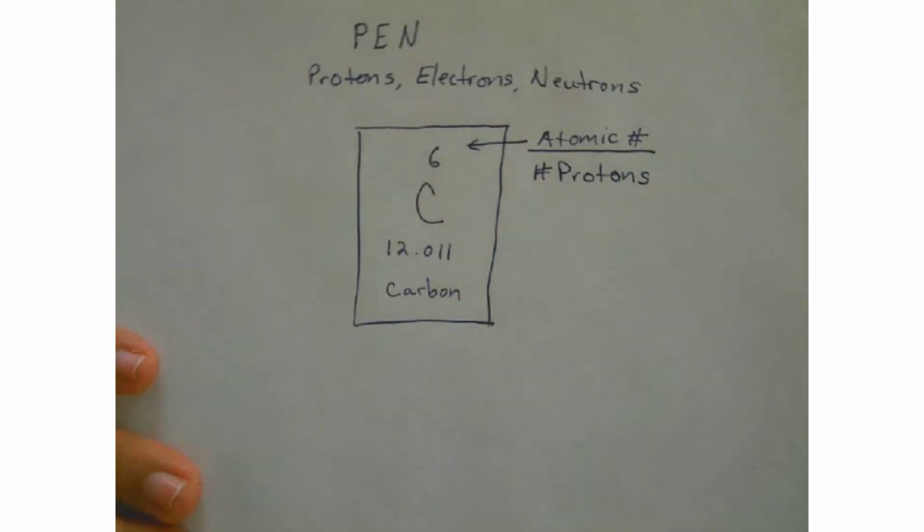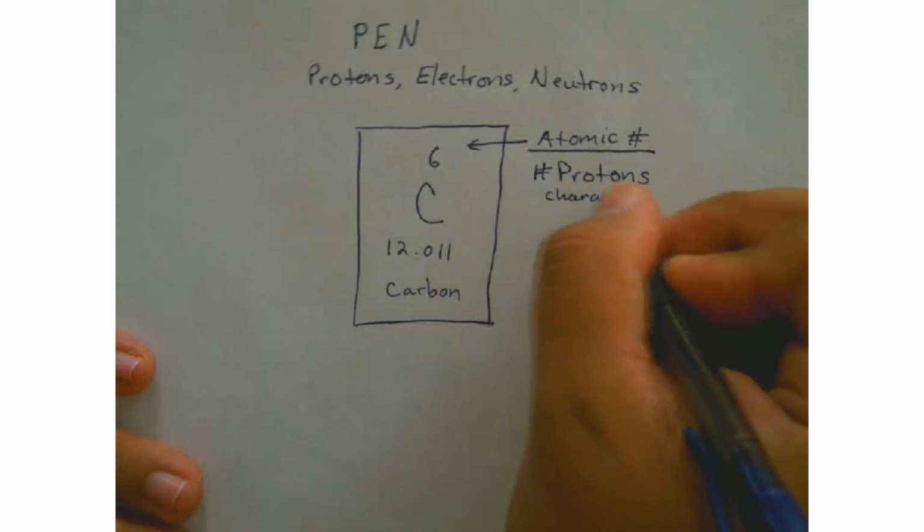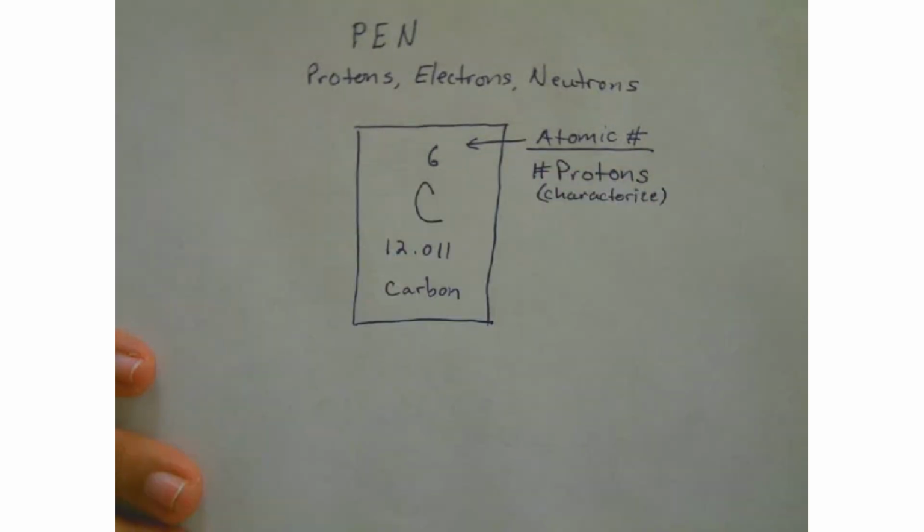Okay? Now, let's talk about protons real quick. Protons characterize the element, okay? Well, what do I mean by characterize the element? Well, it tells you exactly what the element is. If you have 6 protons, it doesn't matter where you go on Earth. In fact, you can go to another planet.